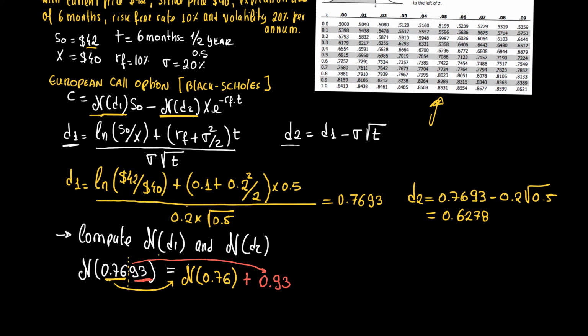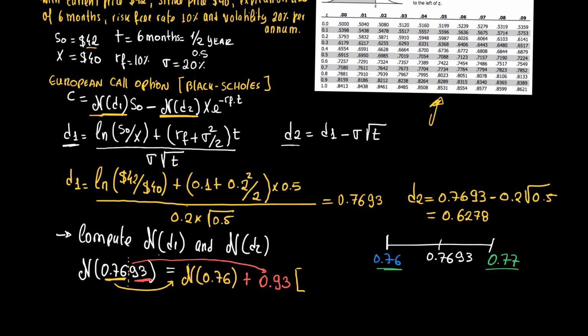All of this will be within an interval. If we think about the number 0.7693, we know that this number is in between 0.76 and another number, 0.77.